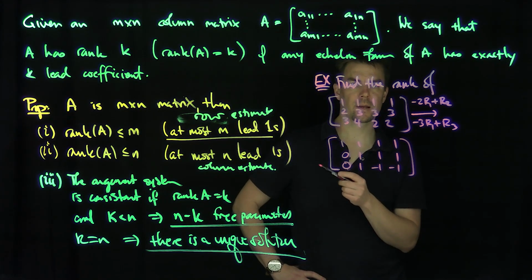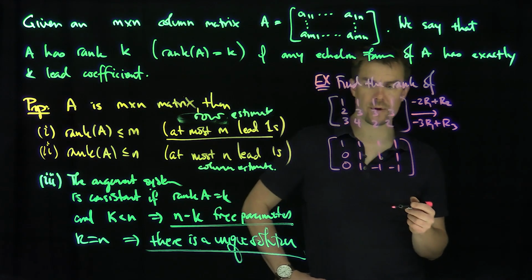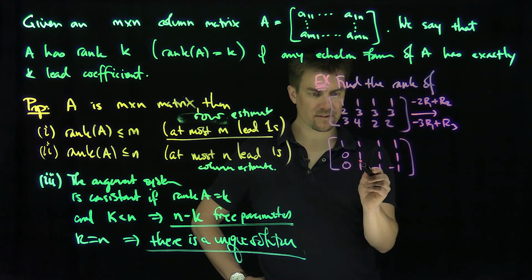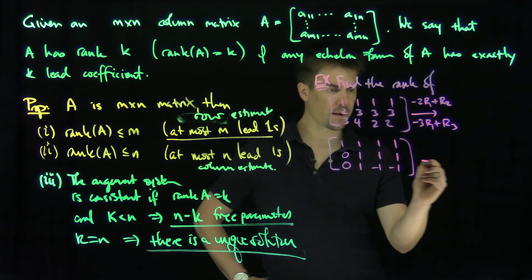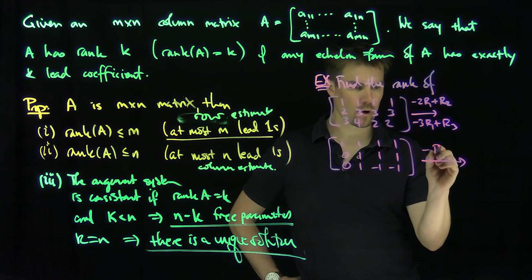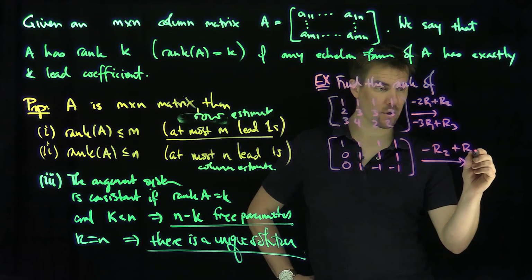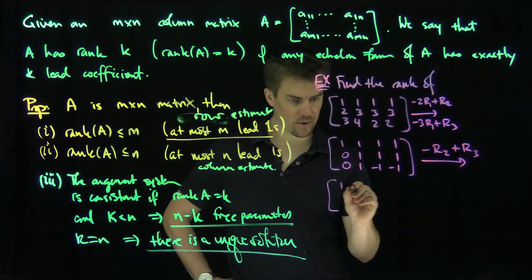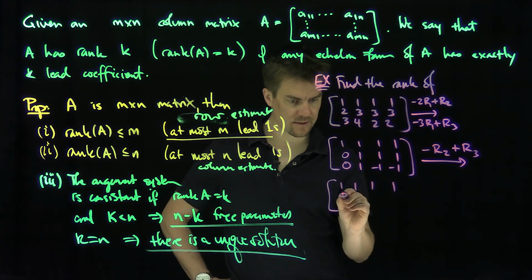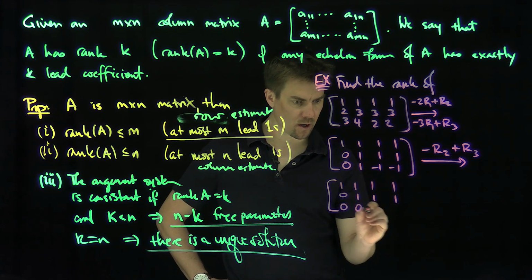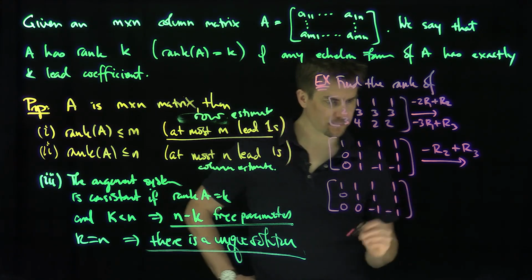Then we have to zero out that 1 beneath the first one, so I'm going to do negative row 2 plus row 3.